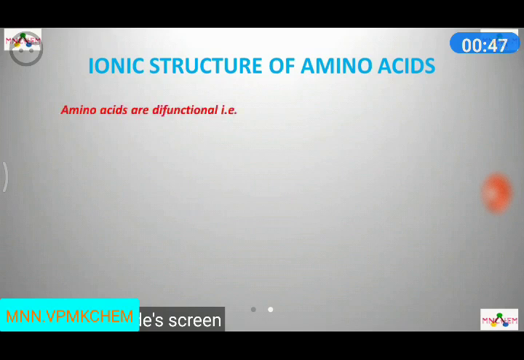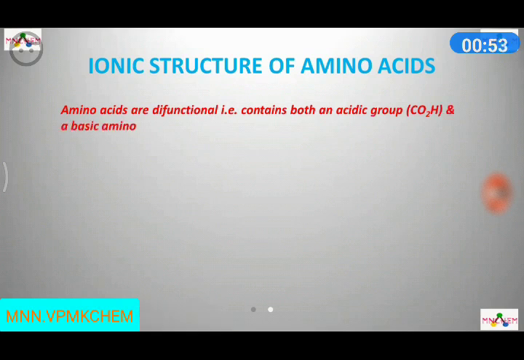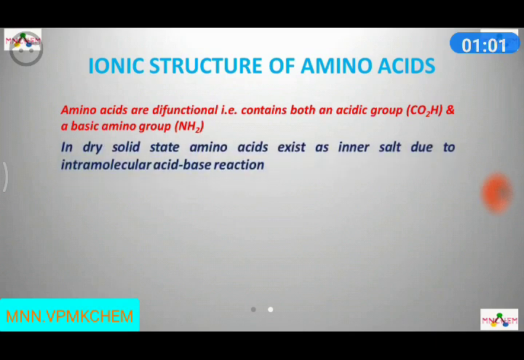As we know, amino acids are difunctional, that is, they contain both an acidic group and a basic amino group, like carboxylic COOH and NH2. In the dry state, these amino acids exist as inner salt. This inner salt is formed when the proton of carboxylic acid is transferred to the amino group.